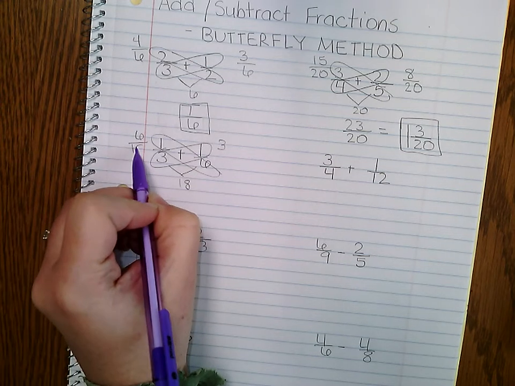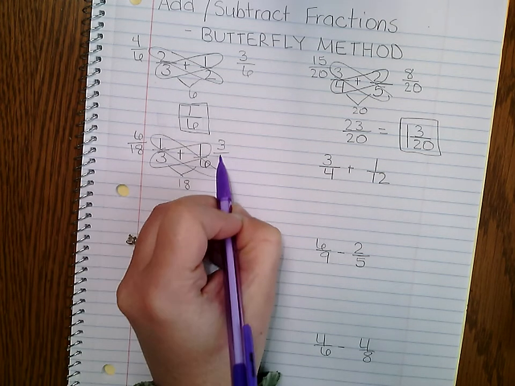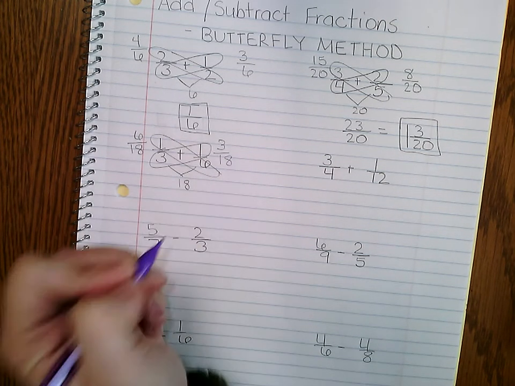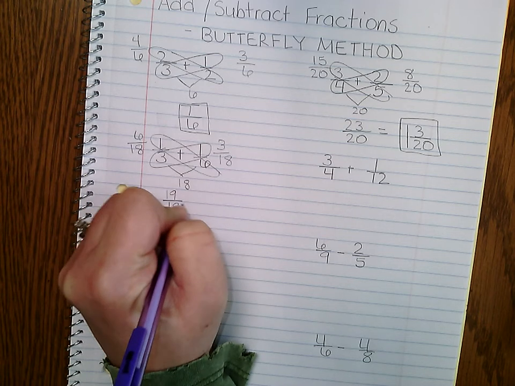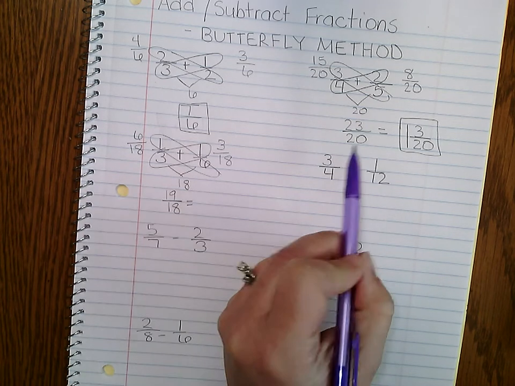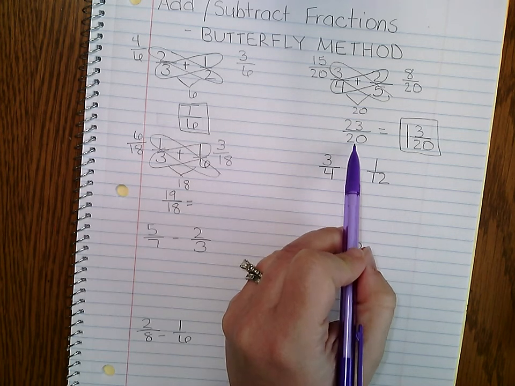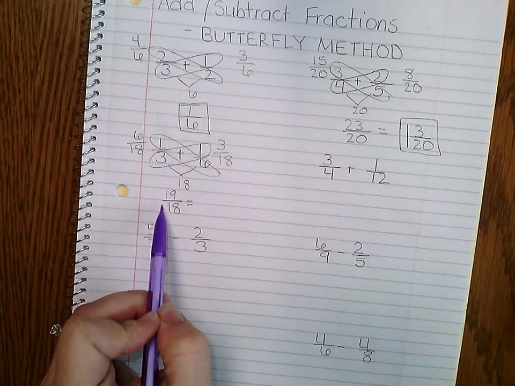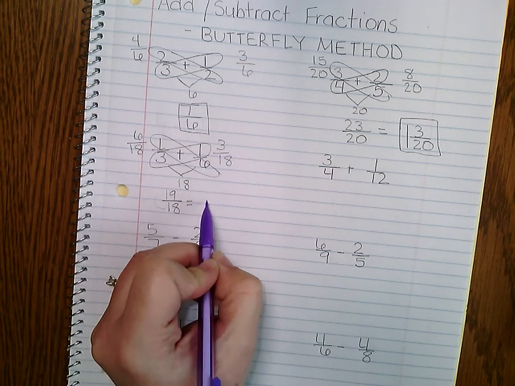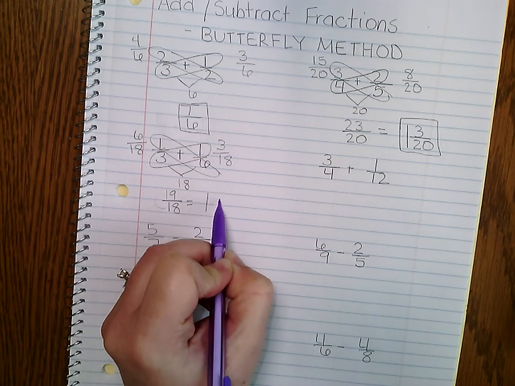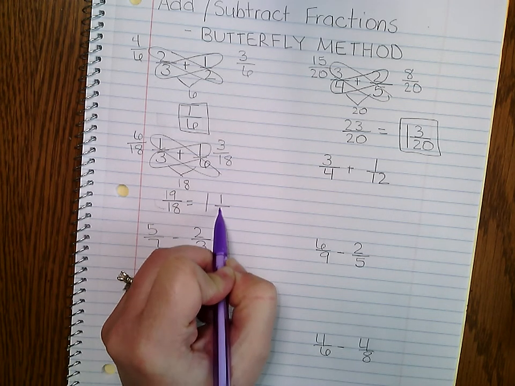Now I have 6/18 plus 3/18, and I get 19/18. Again, just like this one, the numerator was bigger than the denominator, so I need to reduce. How many 18s are in 19? There's only 1, with 1 left over.